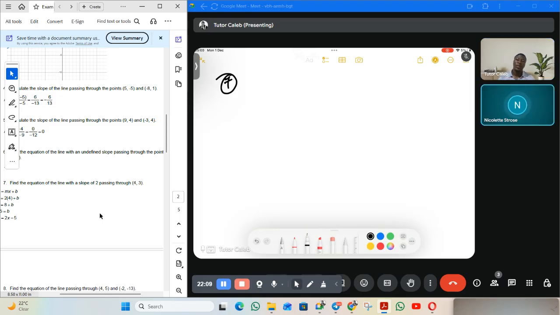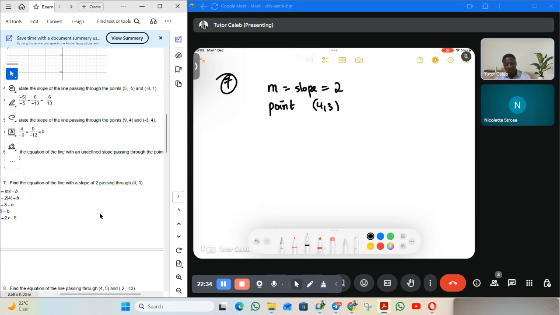Find the equation of the line with a slope of 2 passing through 4 and 3. So it tells you that the slope equals 2, and it gives us a point, 4 and 3. Okay?